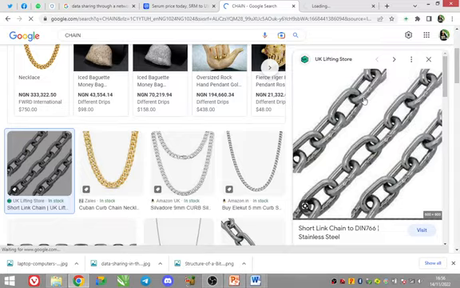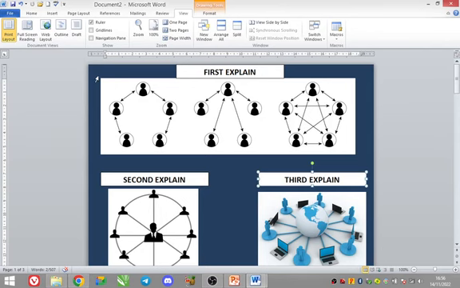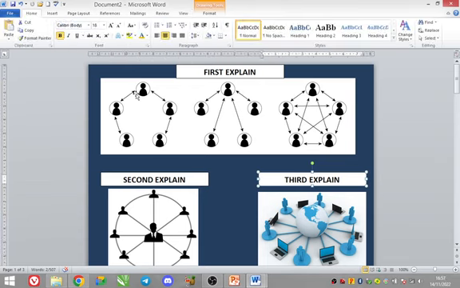Now, if you can see from this explanation, we have transactions going on in a blockchain. Let's use this as a blockchain. We have transactions going on from this person to this person to this person to this person to this person.